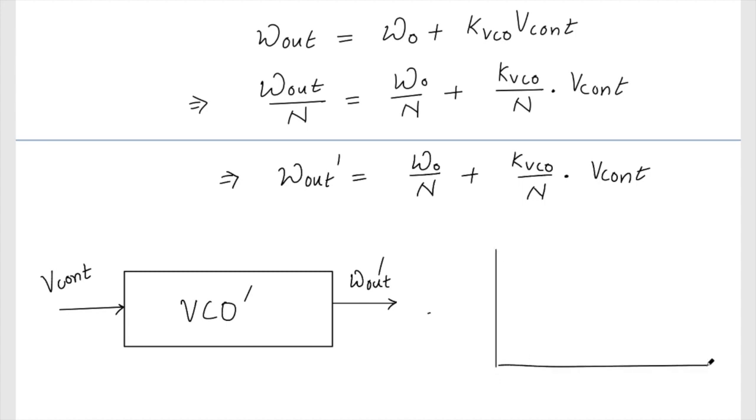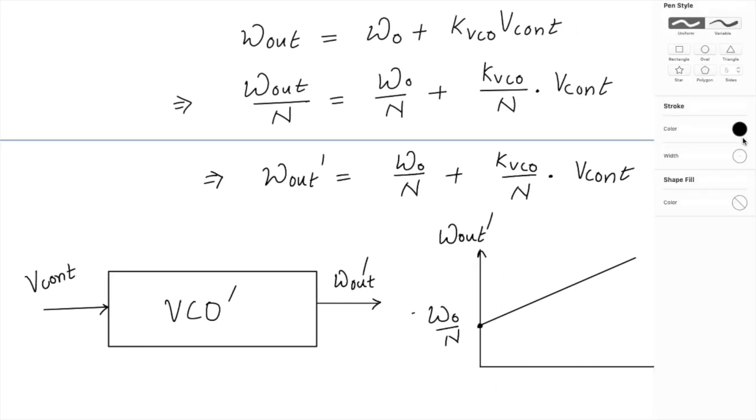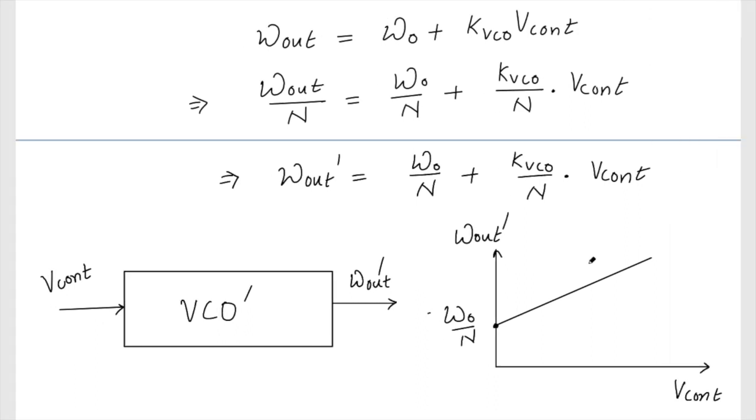This is the characteristic of this new VCO: V cont versus omega out dash, with the y-intercept at omega naught by N, and the slope of this line is k VCO by N.